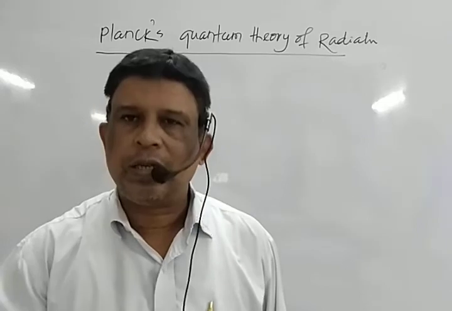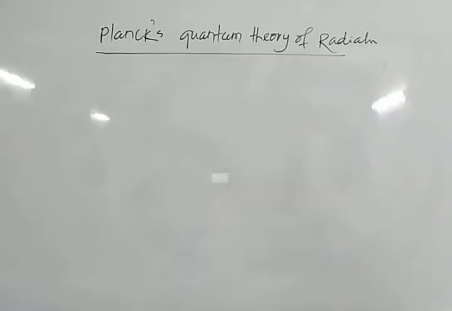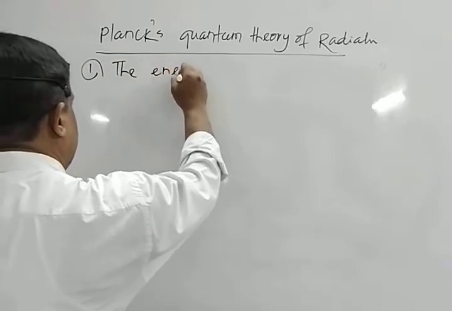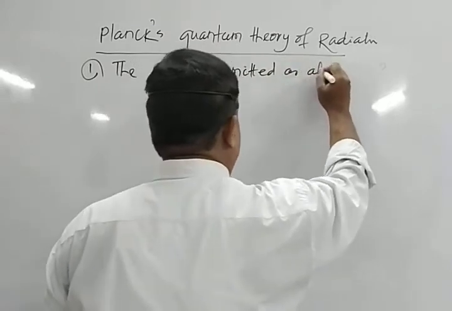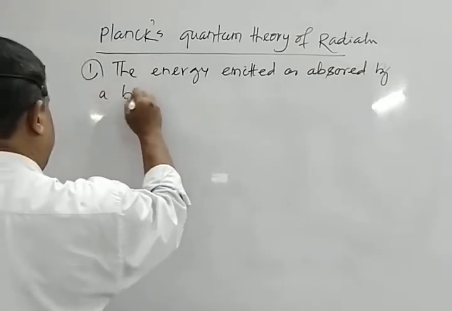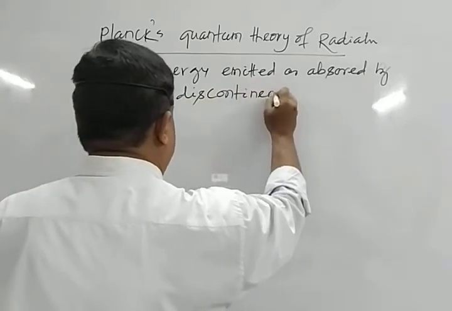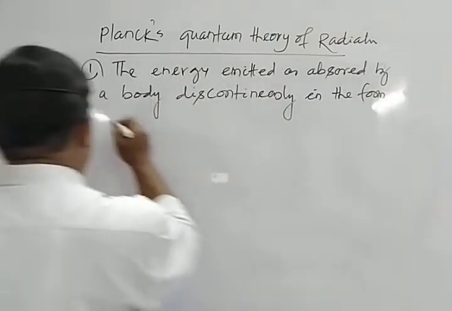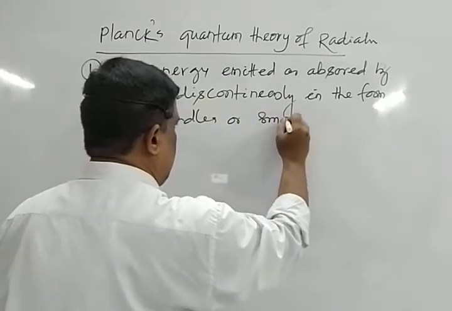So let us discuss again, write the points one by one. That means the various postulates of Planck's quantum theory. That is, point 1, the energy emitted or absorbed by a body discontinuously, in the form of a bundle, a small packet.